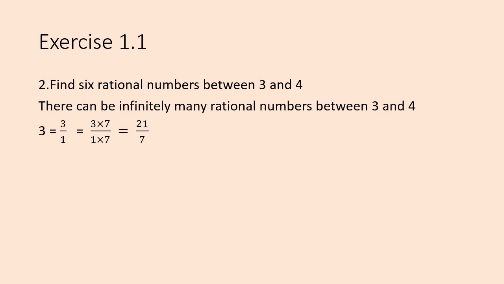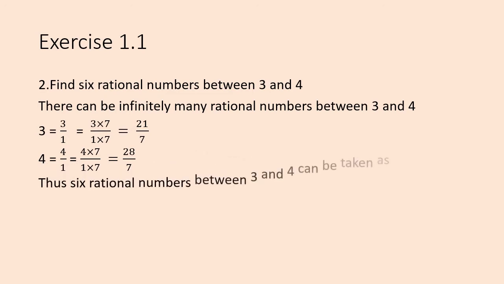And the same way 4 can be written as 4 upon 1. Since you need 6 rational numbers, you have to multiply the numerator and denominator by 7. Always one more. So you will have 4 multiplied by 7 upon 1 multiplied by 7, that is 28 upon 7.